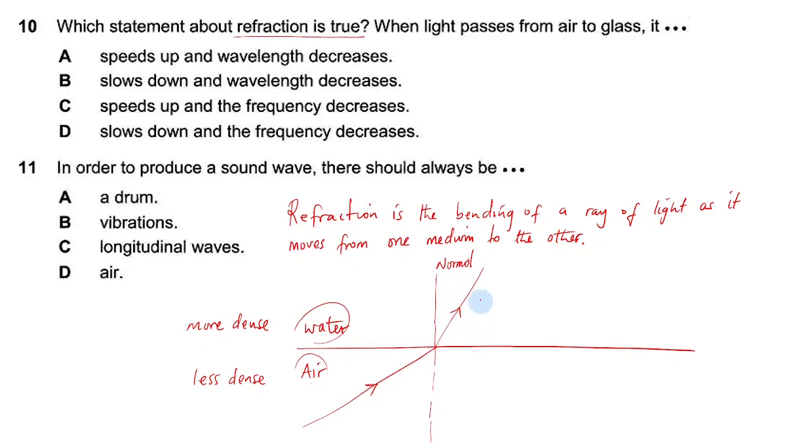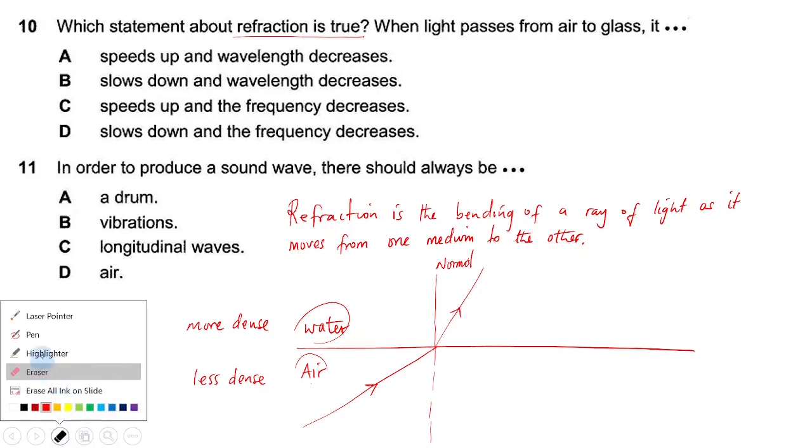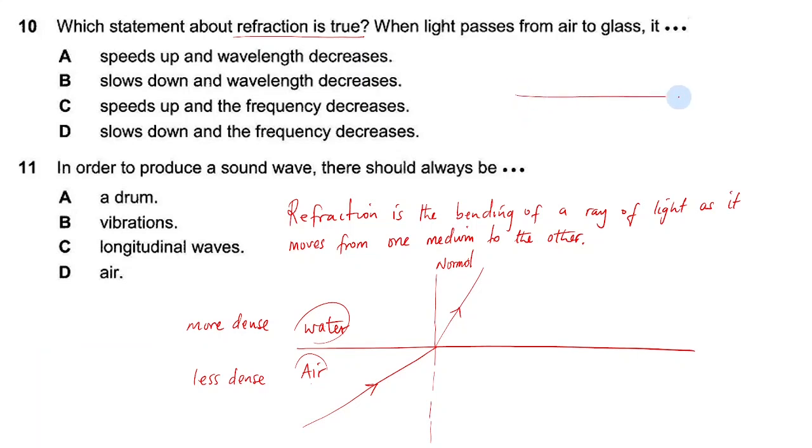But if the ray of light is moving the other way, let's say this is the same boundary, then this is air and this is water.